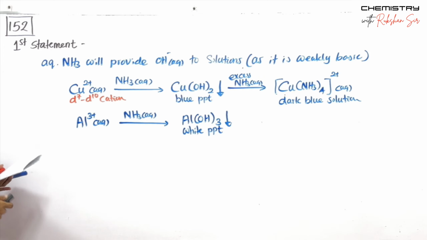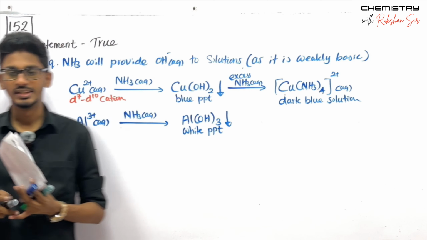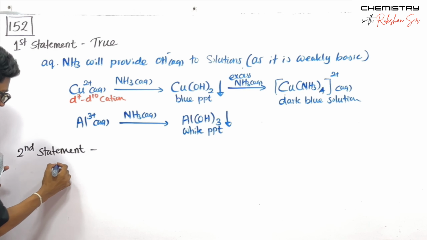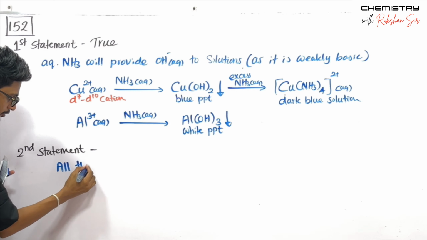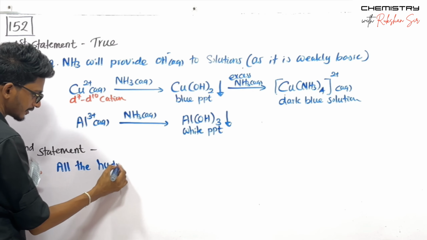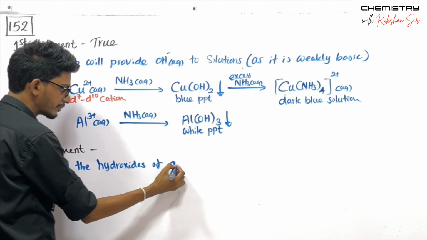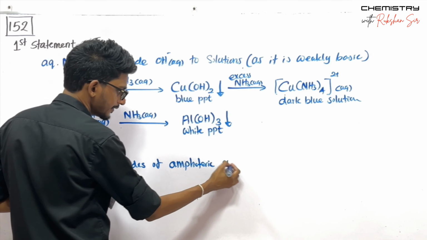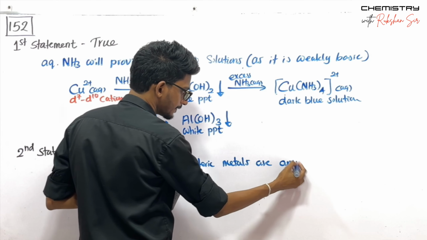See what it says. Aluminium hydroxide has amphoteric properties. Yes, that is true, right? All the hydroxides of amphoteric metals are amphoteric.